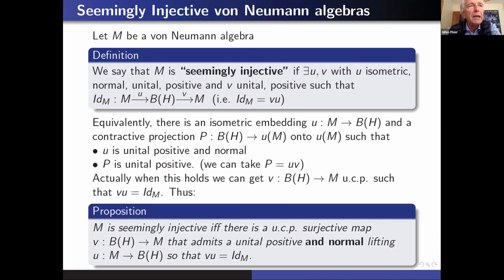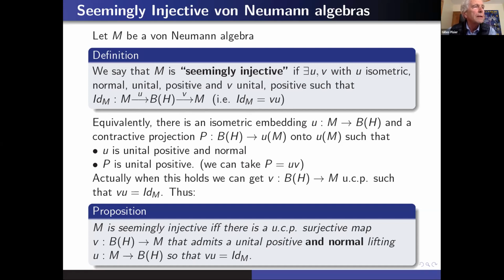So I call a von Neumann algebra seemingly injective if the identity of M factors through B of H, as indicated here with map U, map V, such that the identity of M is VU, and we just require that U and V are unital and positive, and also, and it seems important, U is normal.